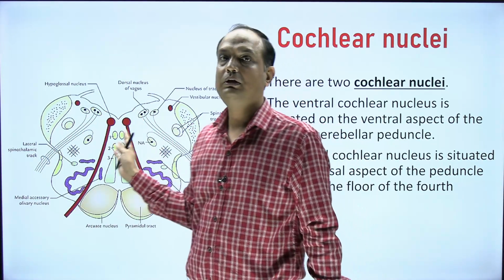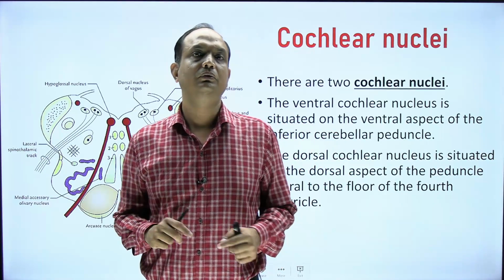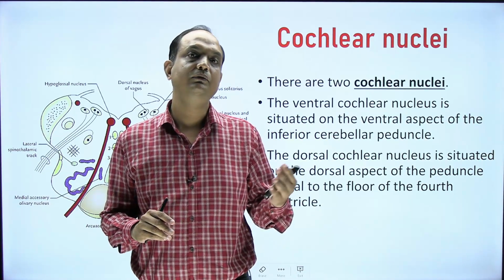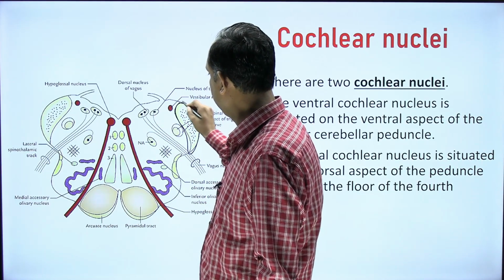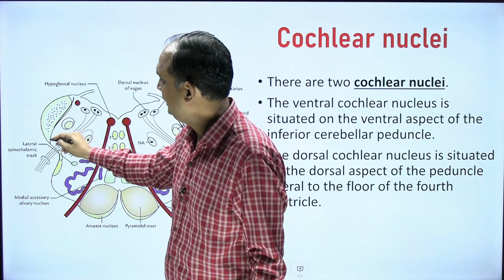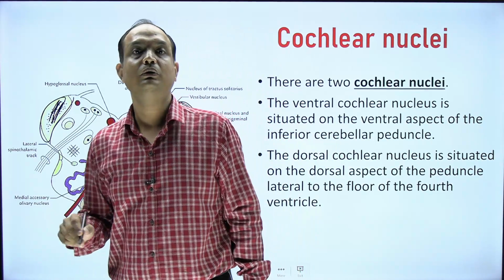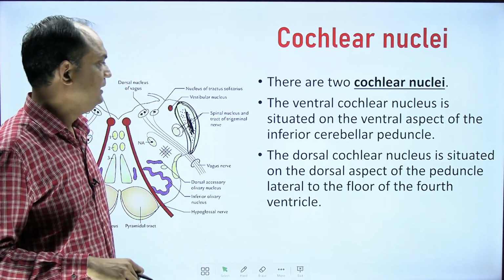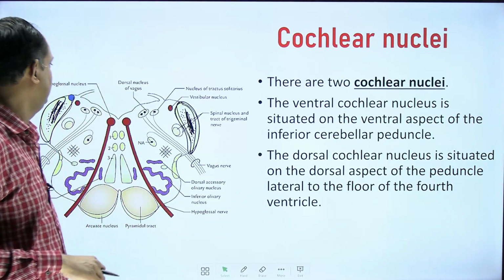The cochlear nuclei are the ventral and dorsal cochlear nuclei, and these lie in relation with the inferior cerebellar peduncle. Clear? What you are drawing here on the lateral side is your cerebellar peduncle, and one nucleus lies on the upper part of the peduncle, and one nucleus lies in the lower part of the inferior cerebellar peduncle.